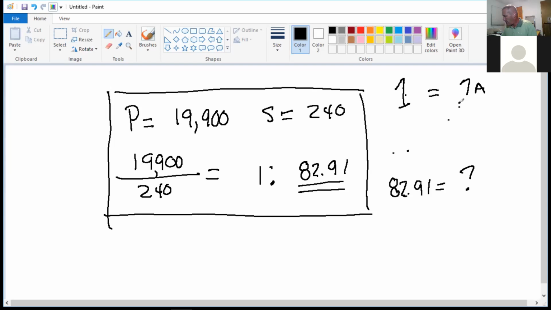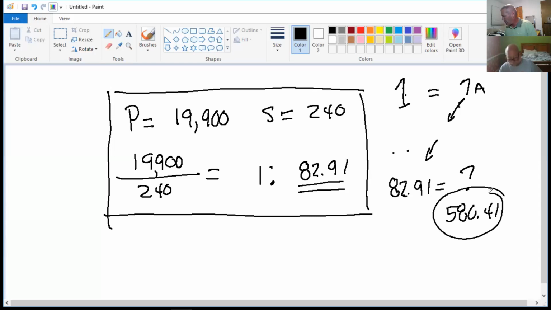We're going down in the calculation, so you multiply. You've got to multiply 7 by 82.91. Go ahead and do it. 580.41. Perfect.